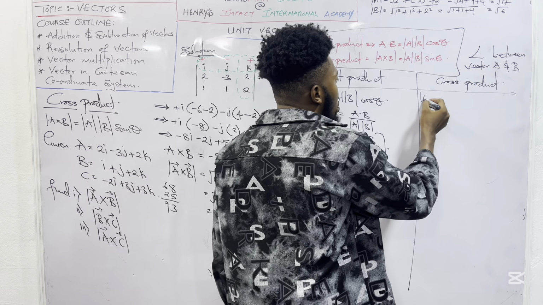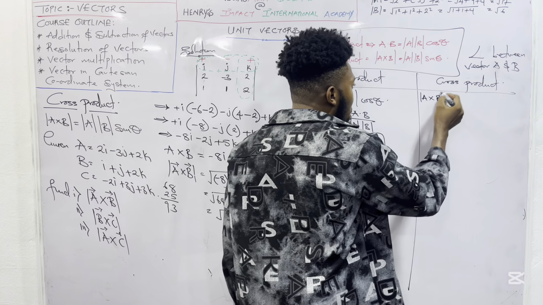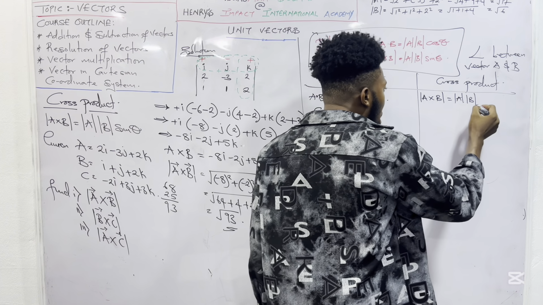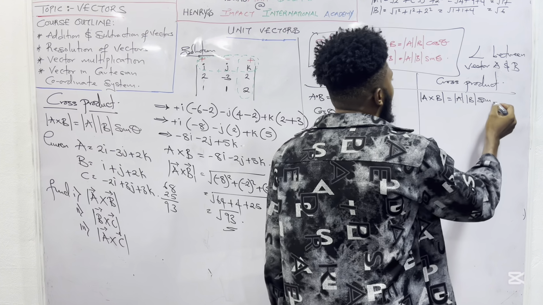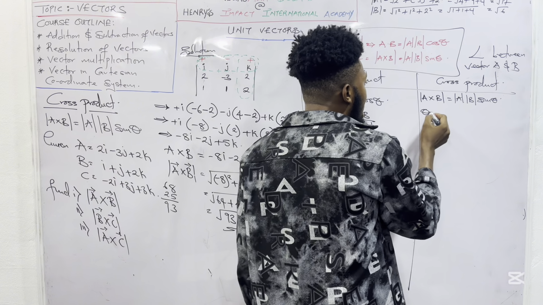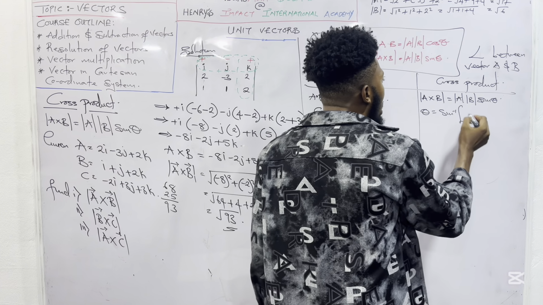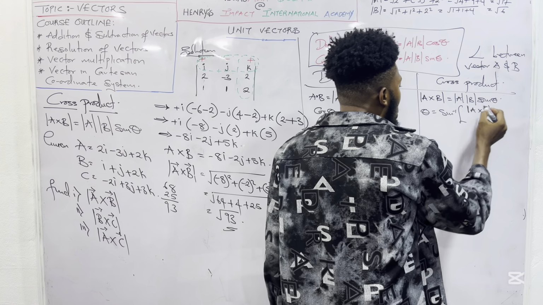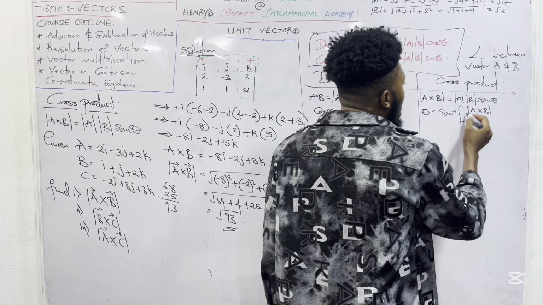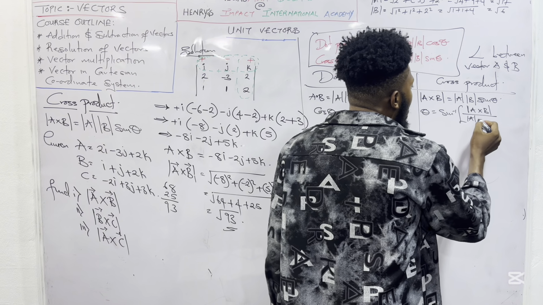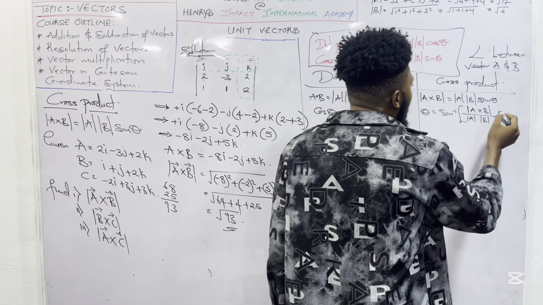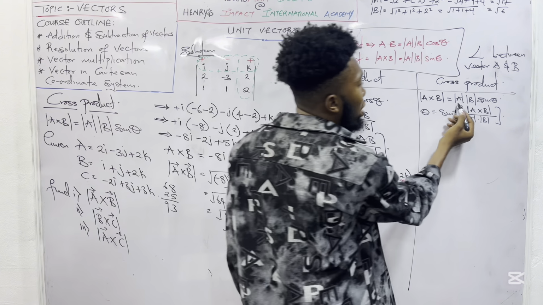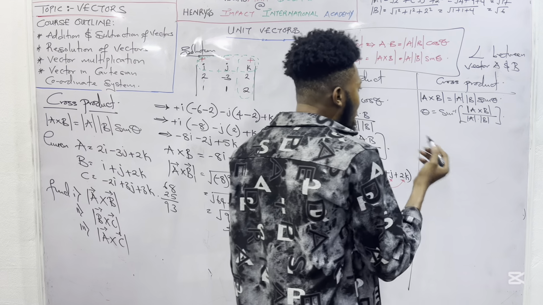Based on cross product, the modulus of A cross B should be equal to the modulus of A, the modulus of B, sine theta, which means that theta should be equal to sine inverse of modulus of A cross B divided by modulus of A multiplied by modulus of B. So that's what you're supposed to be having. It's just by dividing both sides and making theta the subject of the formula, basic mathematics.